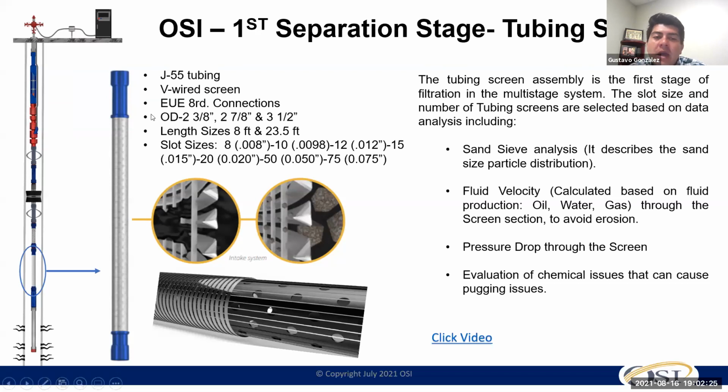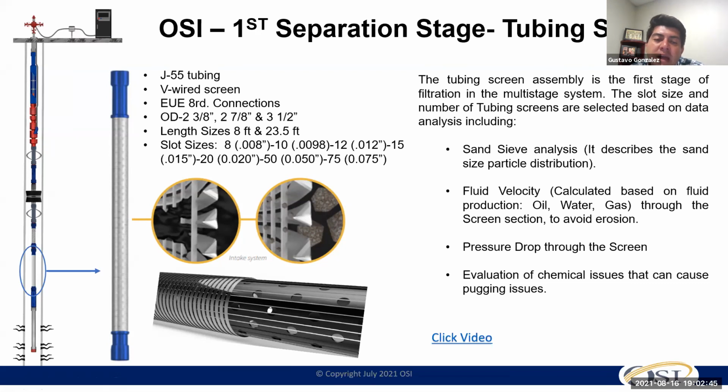But again, the main thing for the sand screen, you have to analyze and you need to know the particle size distribution and how the sand is going to behave. When you talk about this, don't think just pure fluid and just sand. You always need to analyze the scale tendency and the pressure drop that goes through the screen.